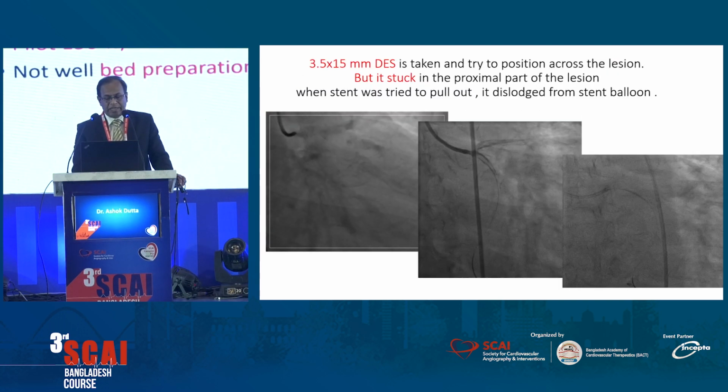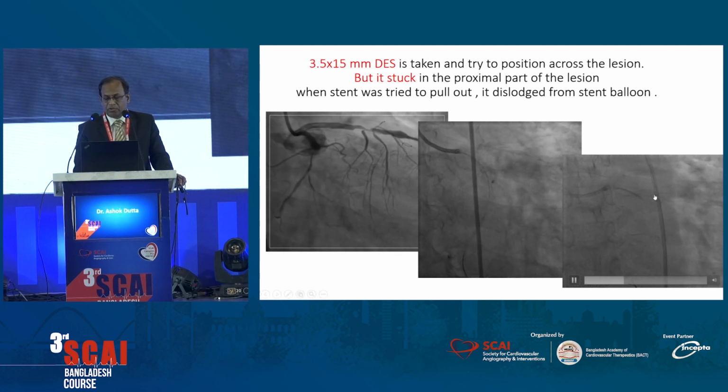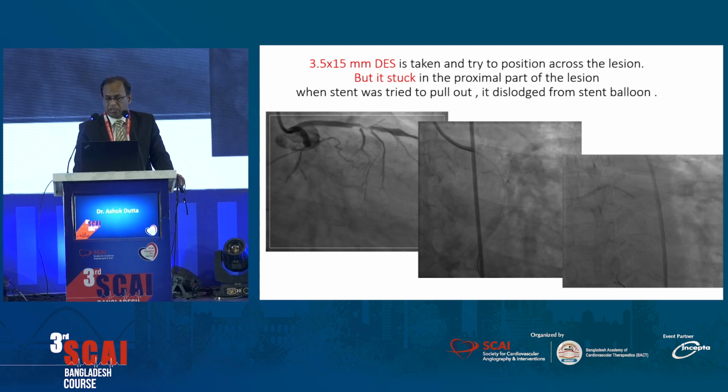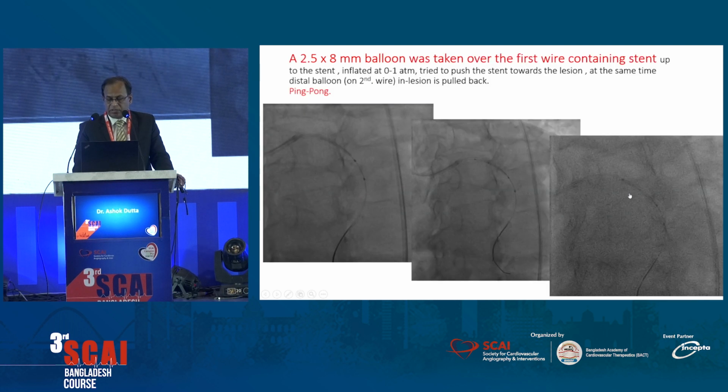So my third case, this is a case of CTO where the stent was lost when I tried to pull it back. Balloon is out of the stent, only the stent is there.